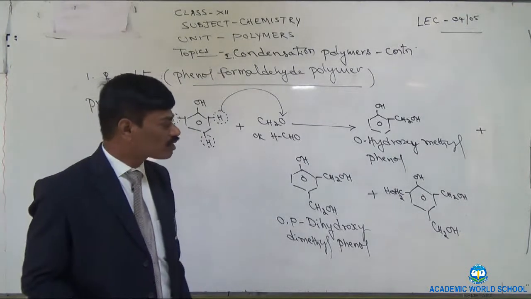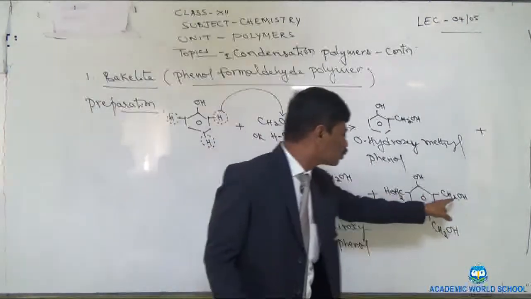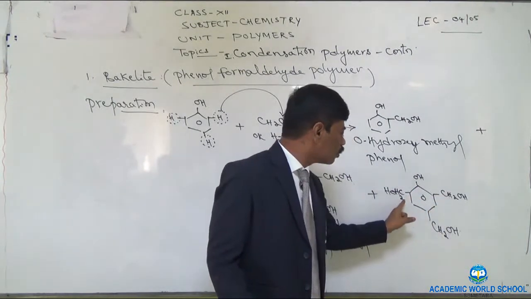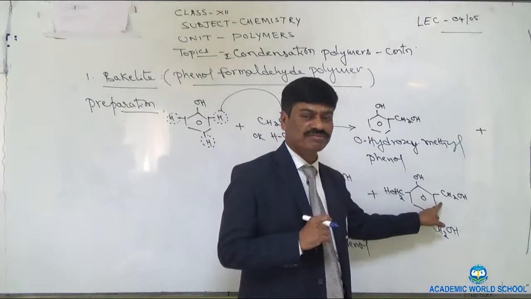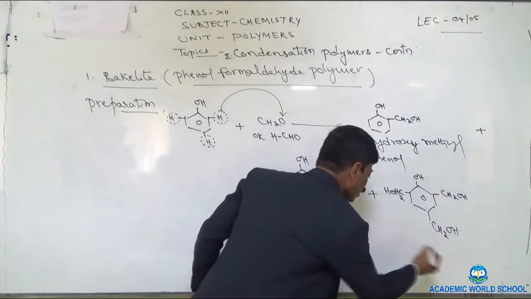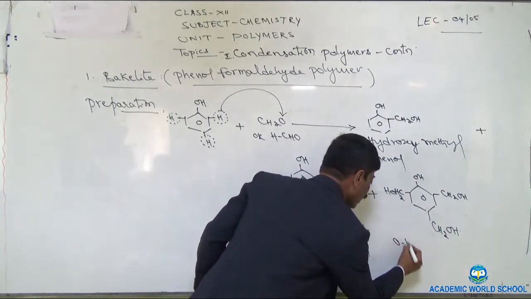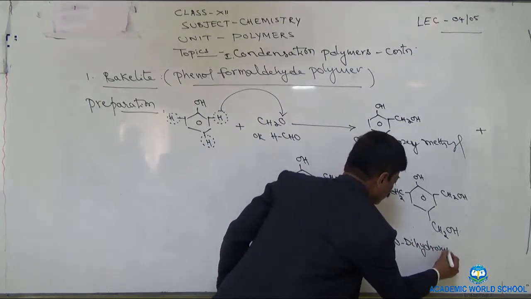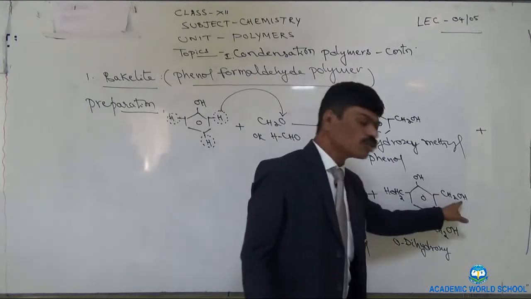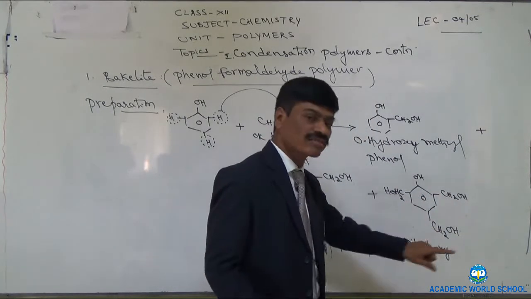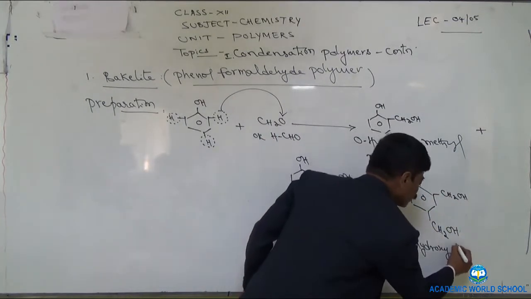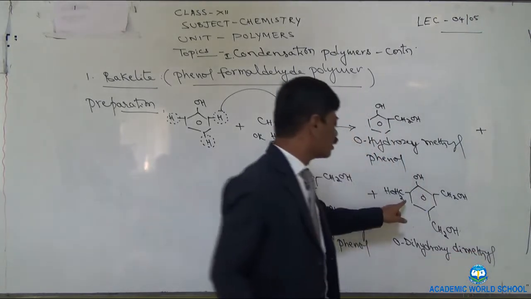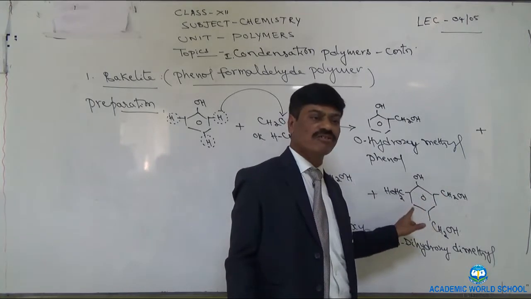Now how to name this compound? Listen. At ortho position, you have two OH groups, two methylene groups which are derived from two methyl groups. So its name is ortho dihydroxy. Means at ortho positions, two OH groups are there. So ortho dihydroxy dimethyl, because two methylene groups are there, CH2, CH2, which are derived from methyl groups.